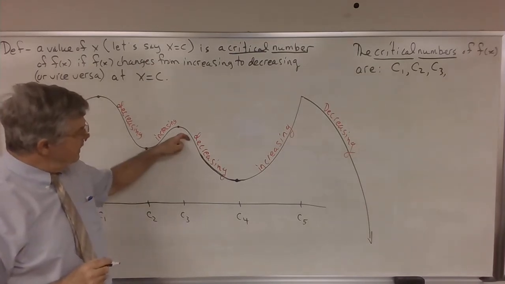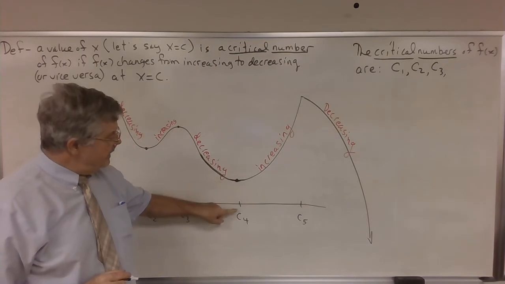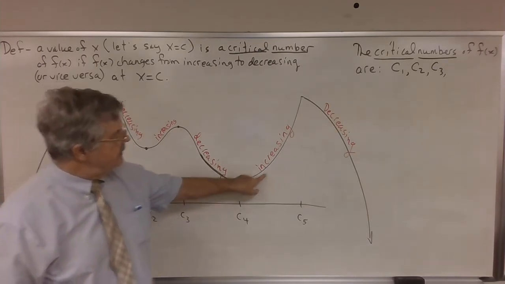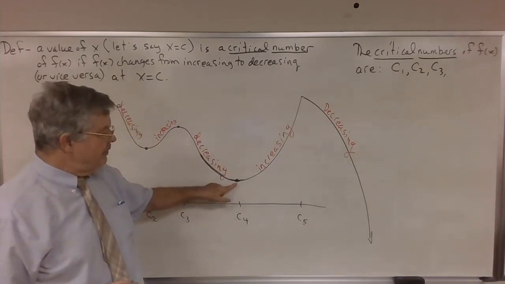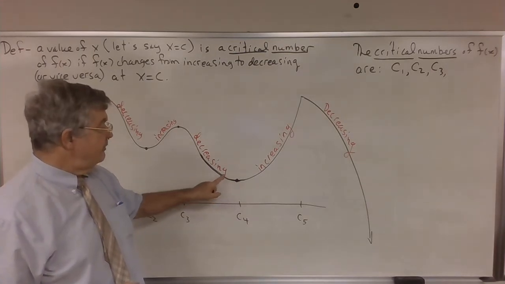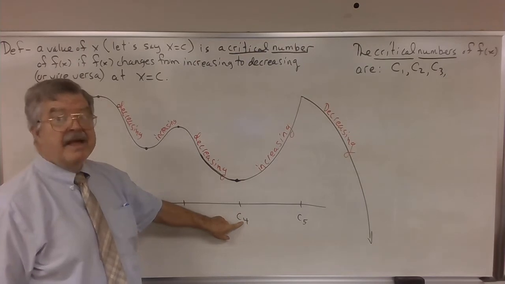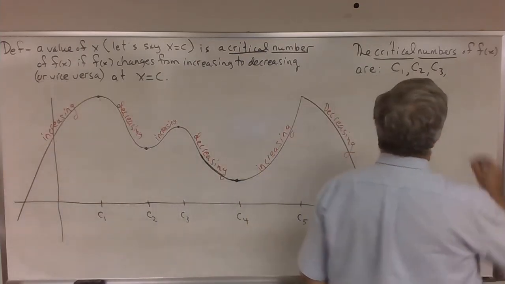And let's see, here the function is decreasing. But when we get to x equals c4, the function stops decreasing and it starts increasing. So right at this point where the x value is c4, the graph changes from decreasing to increasing. x equals c4 has to be a critical number.